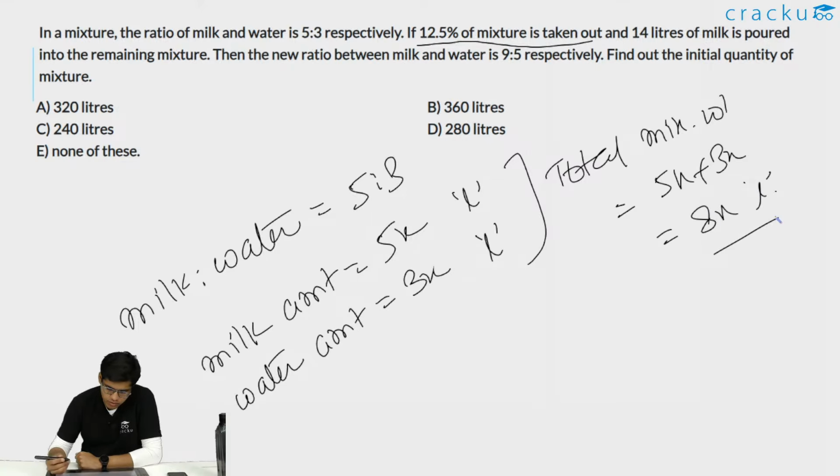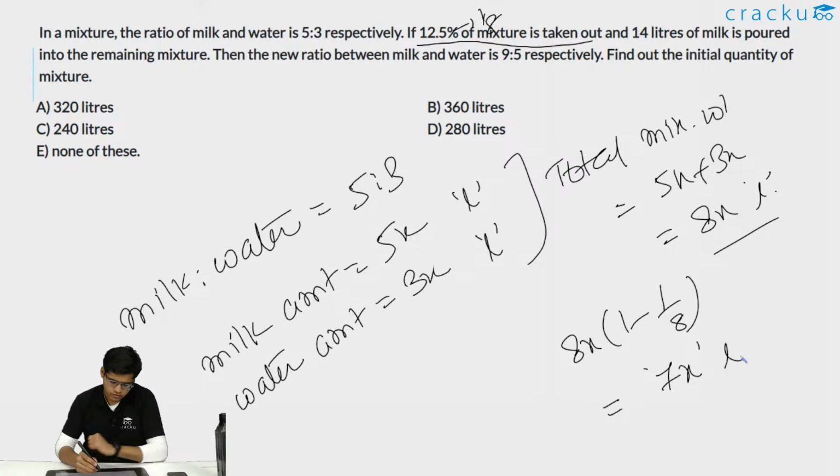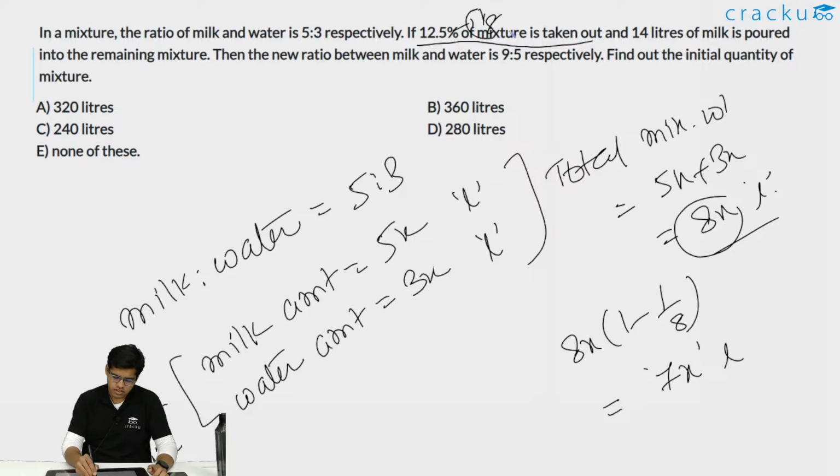Now 12.5% of the mixture is taken out. So 8x into 12.5% means 1 by 8. So 8x into 1 minus 1 by 8, which means the remaining mixture volume will be 7x liters. So out of this mixture I have taken minus x liters, right? 8x is the total volume. 12.5% means 1 by 8.